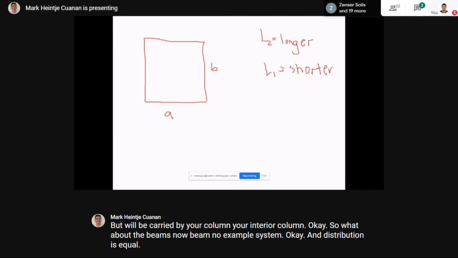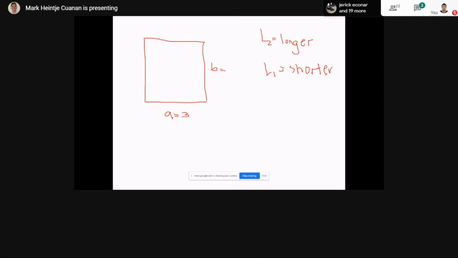So for example, if we have an A value of 3 and a B value of 5, and we take the ratio between L2 over L1, that becomes 5 divided by 3, or approximately equal to 1.7. Now take note, 1.7 is lesser than 2.